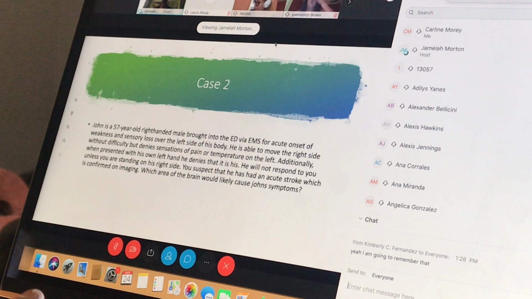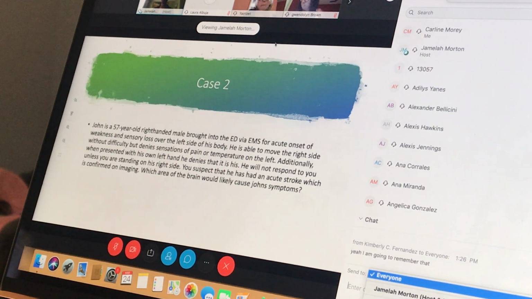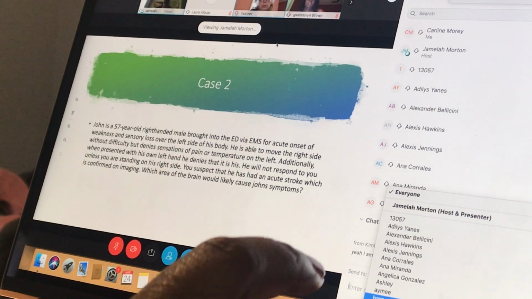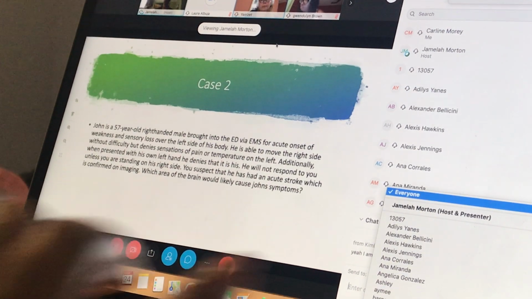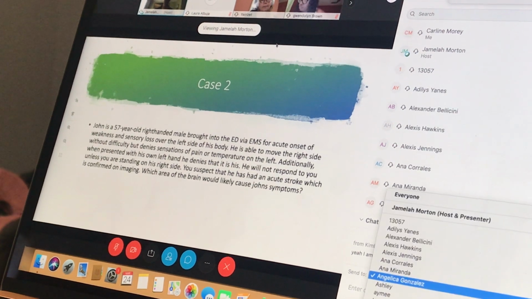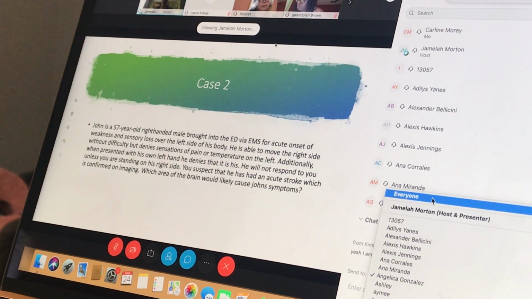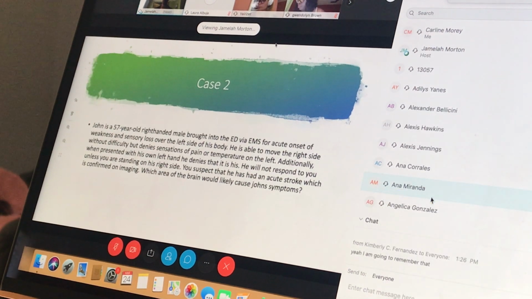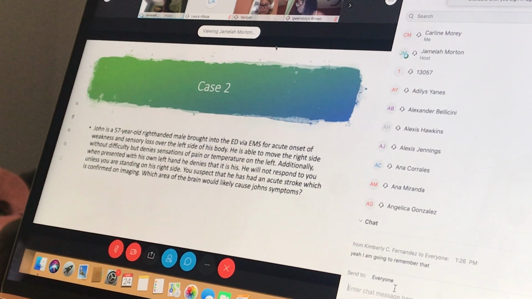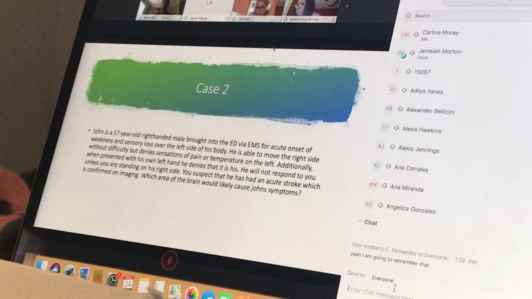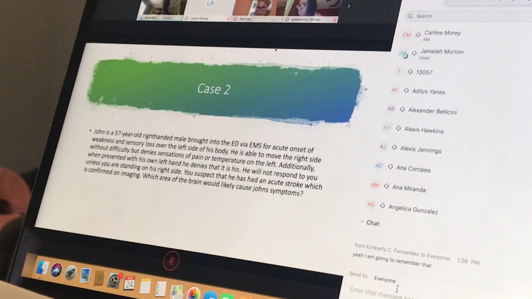Agnosia is the ability to, let's say I have this cap in my hand, recognize common objects. I see somebody is asking about agnosia there. If I put something in your hand without you looking at it, you're supposed to be able to identify it.